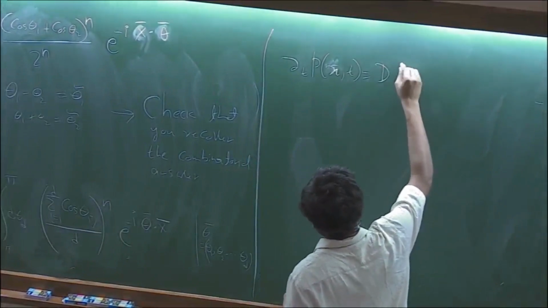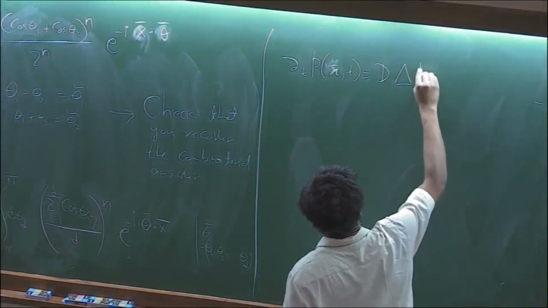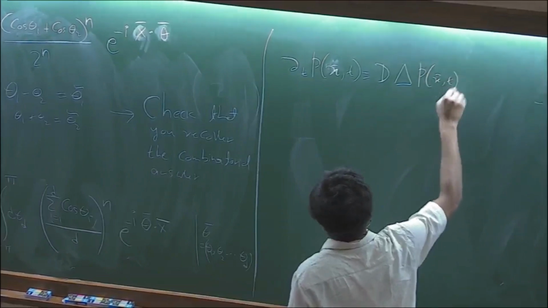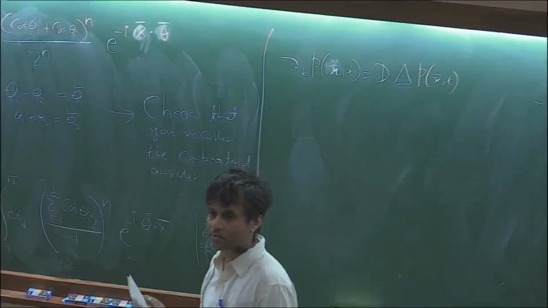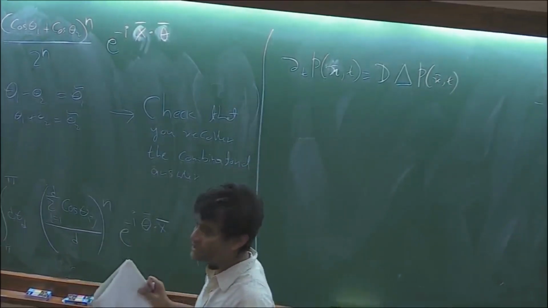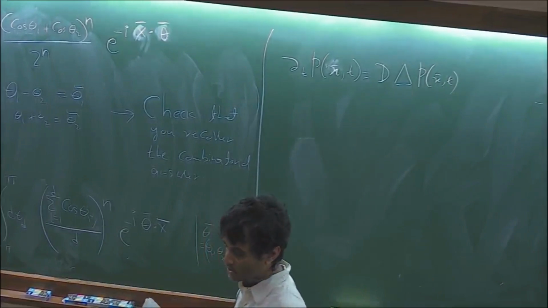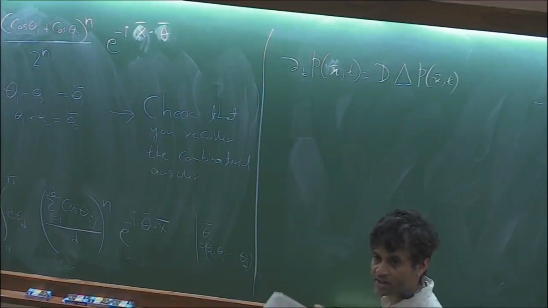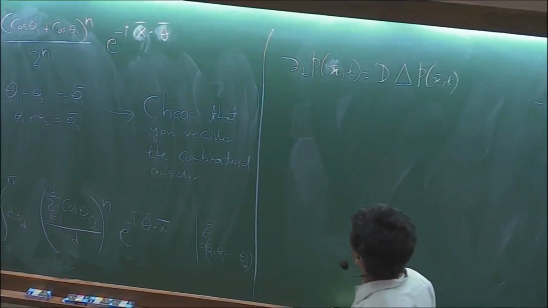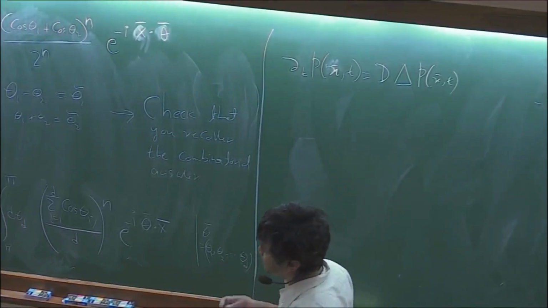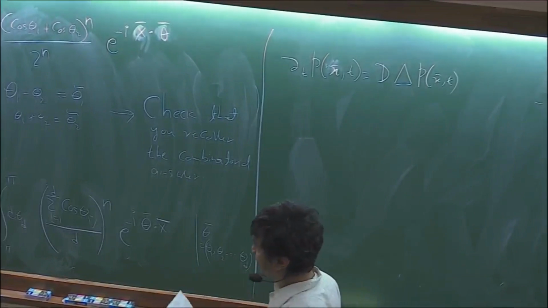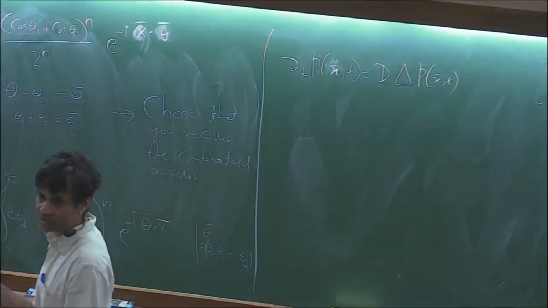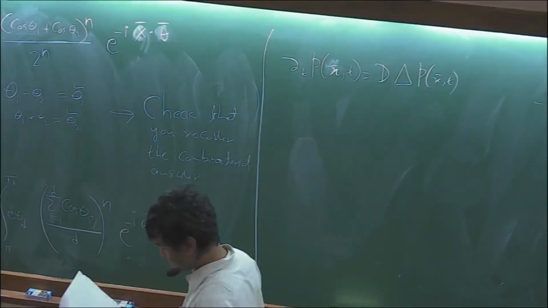So this is the d-dimensional Laplacian. This is always true. So at least some features are always true: it spreads diffusively, and it's a Gaussian, or more or less a Gaussian, except at the tails and so on. But now we look at things which are different on the lattice, where you really need to work on the lattice.